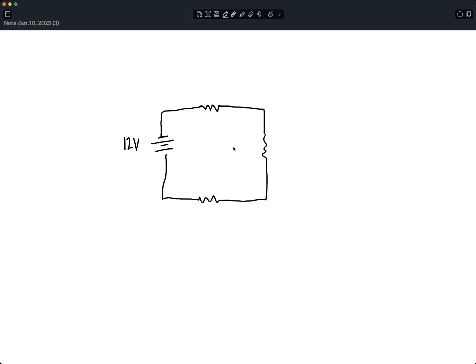We're going to call this R1, this R2, and this R3. And what we're going to do is put all of the variables for each one of these components.